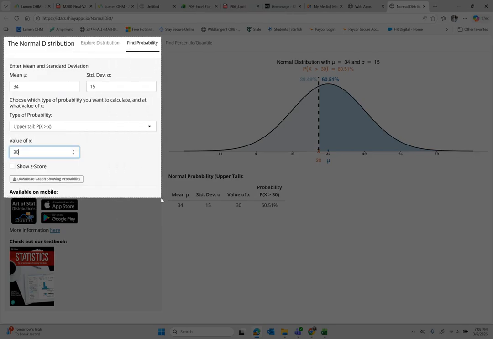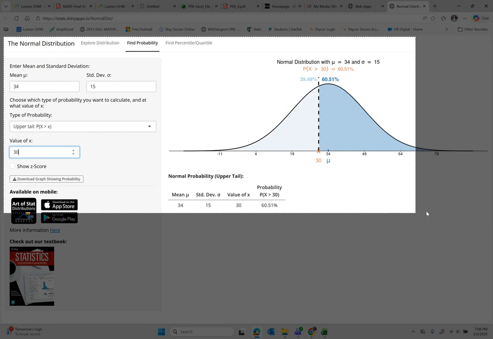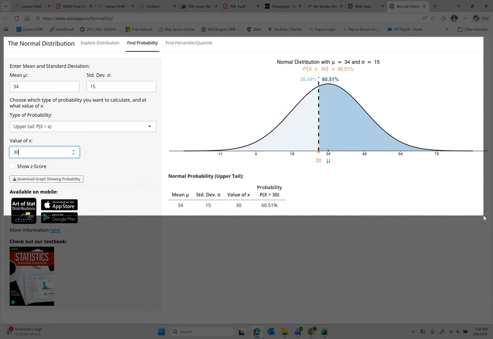Make a habit of including the title of the app that you're using. Also, very importantly, if you have a table underneath your graph, include that in your screenshot.